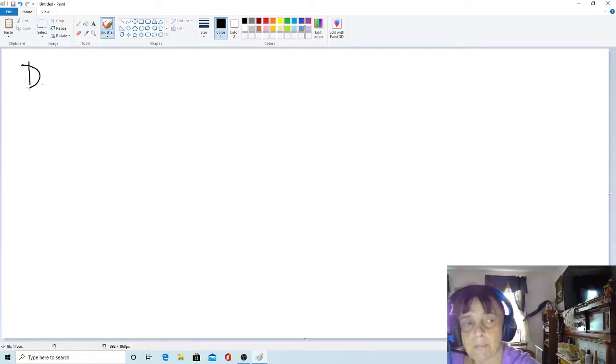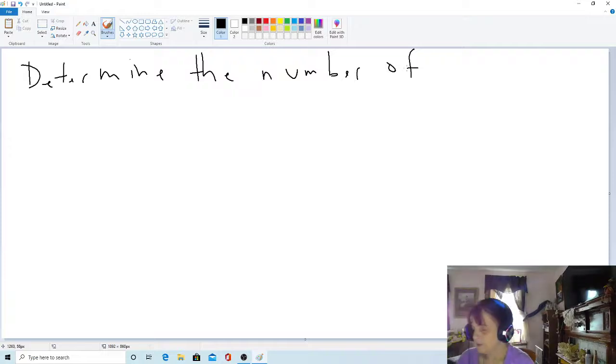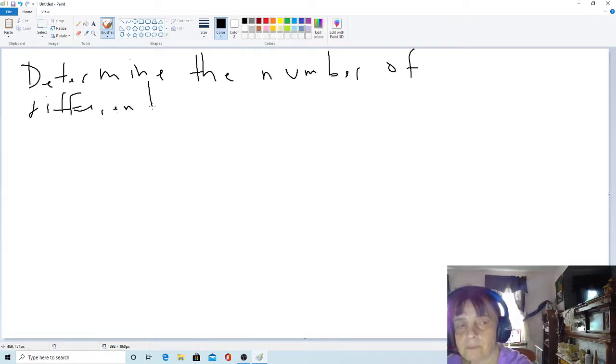Determine the number of different ways they can select the furniture.